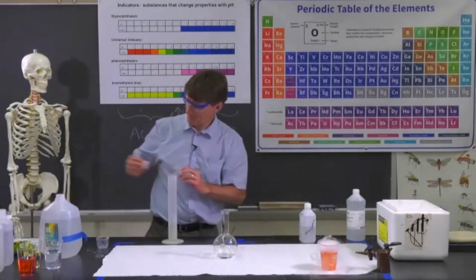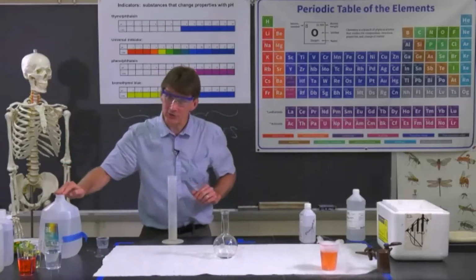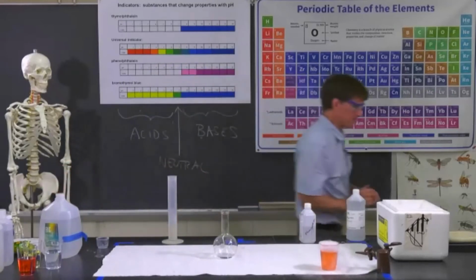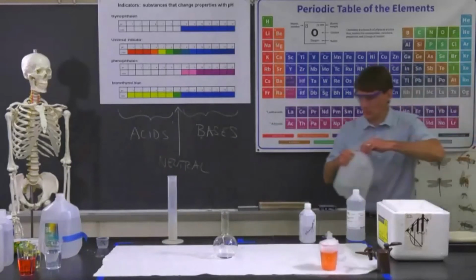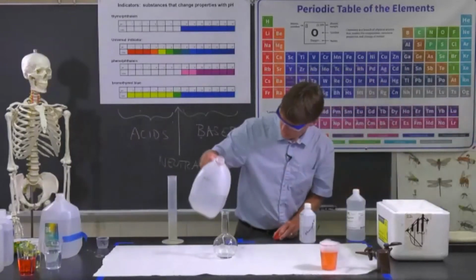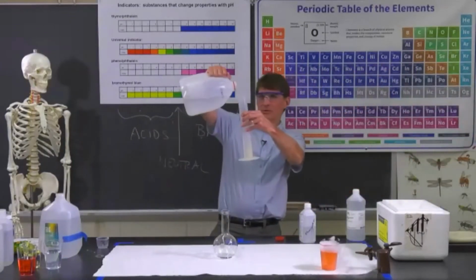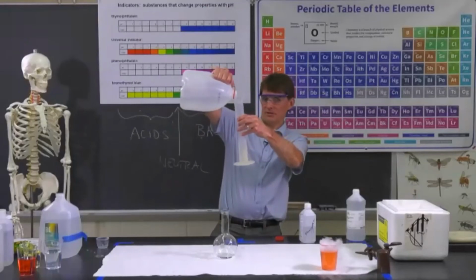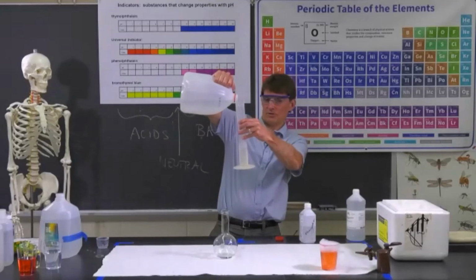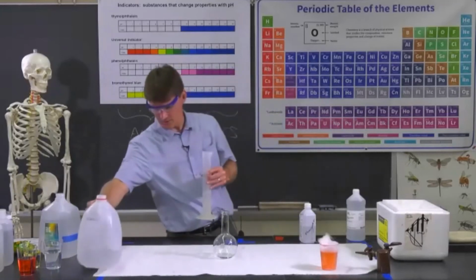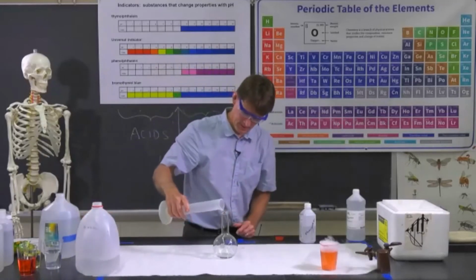All right. And I'm going to add to this a little bit of water. I'll make sure to measure the same because I'm going to do another experiment with this. Y'all are going to help me do an experiment here. It's at about 100 mils of the water. There we go. Pour that in.